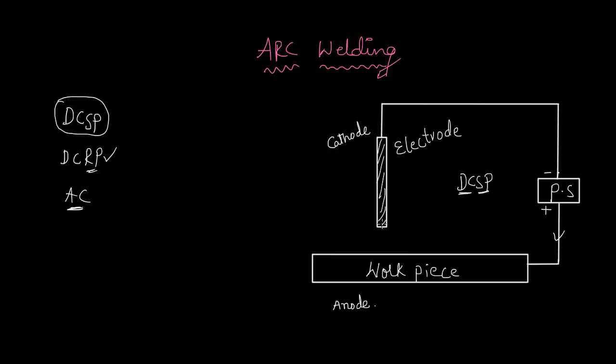When the electrode is in contact with the workpiece, due to short circuit, an electric arc will be generated. To continue the arc, we will provide some gap between the workpiece and electrode. That gap is called arc length. The gap between the cathode and workpiece, that means anode, is called arc length.